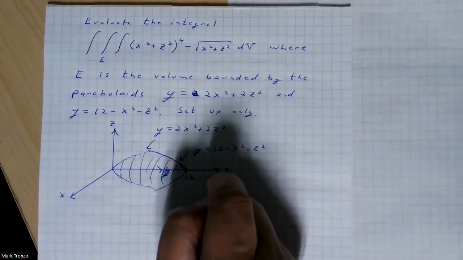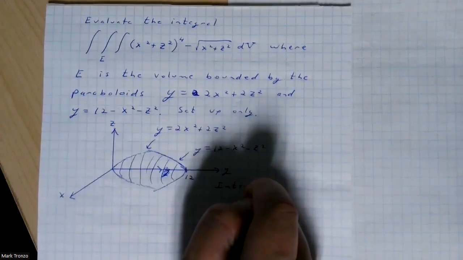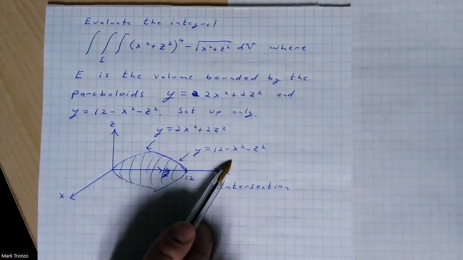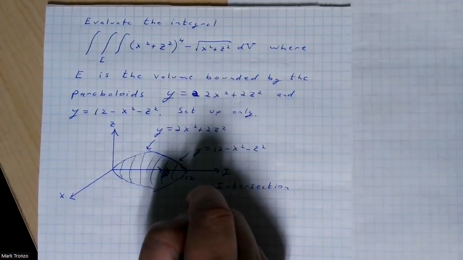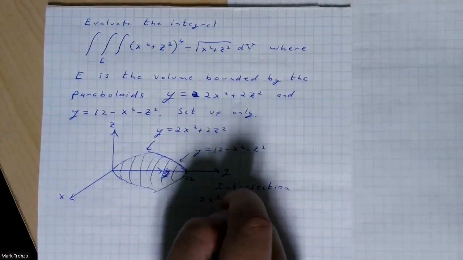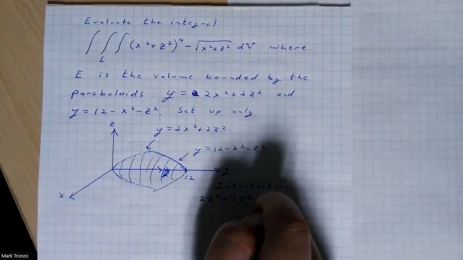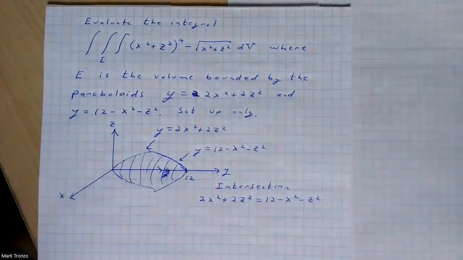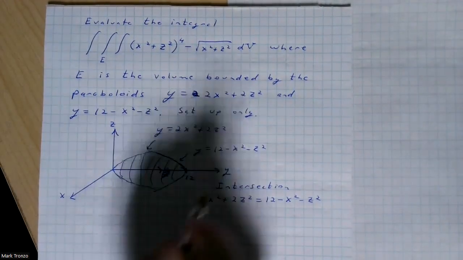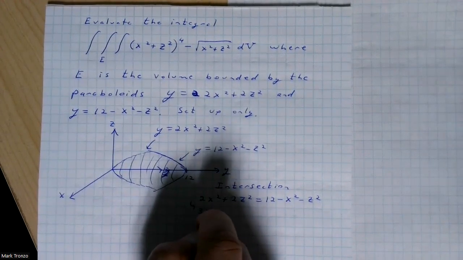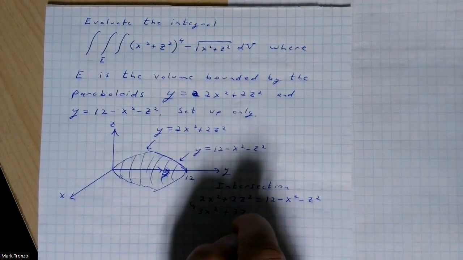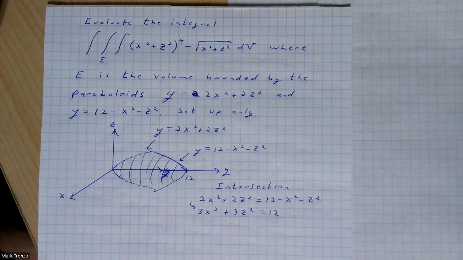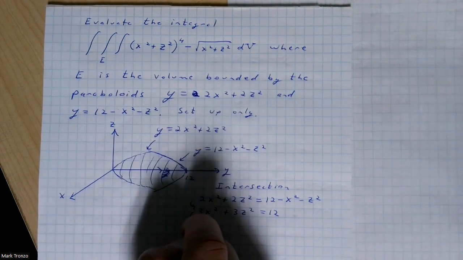And let's find the intersection. We just want to set this equal to this, and then bring these over here and divide by 3.